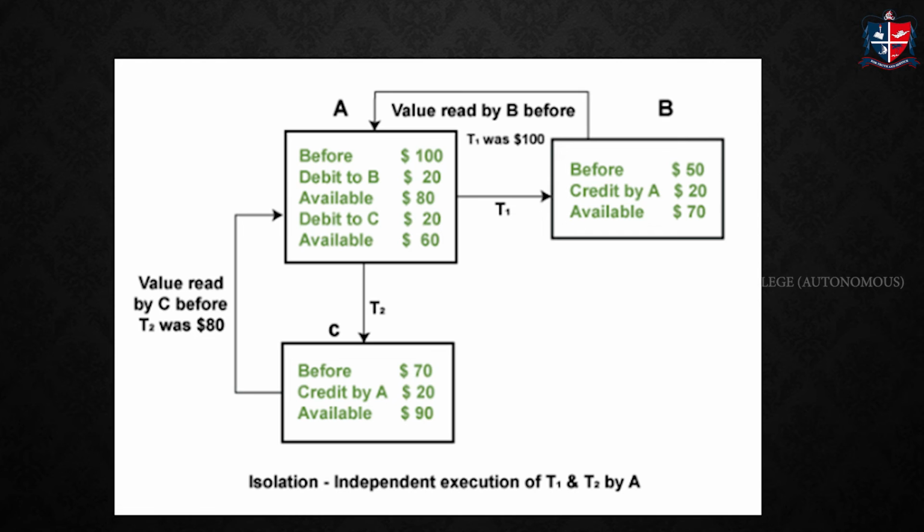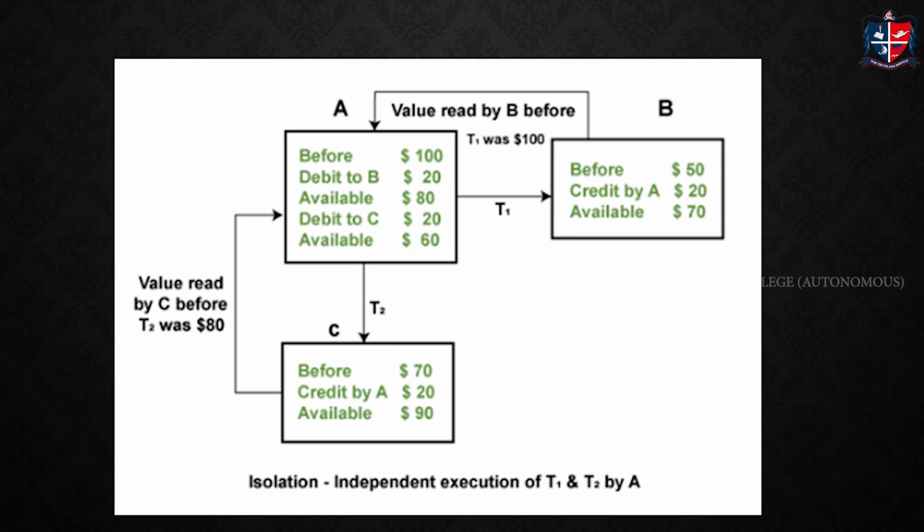Here I am going to send 20 rupees to C. The previous value was 70 plus 20 equal to 90. The value read by C before T2 was 80. That means C will read the value of A, which will be 80, because the available value before the T2 transaction was 80. So we can say that there is isolation.